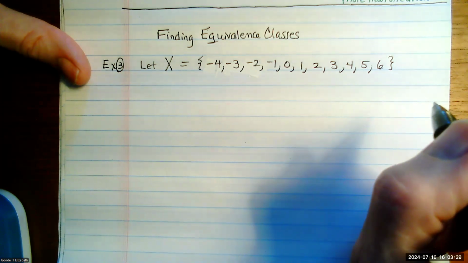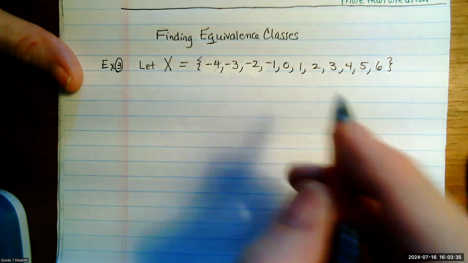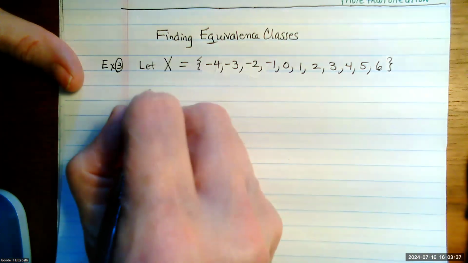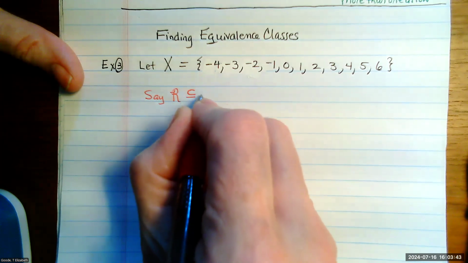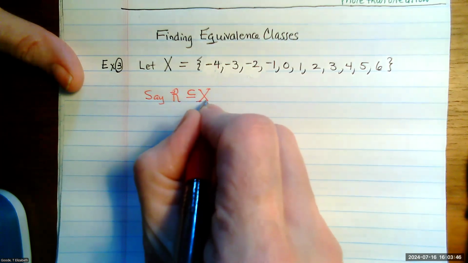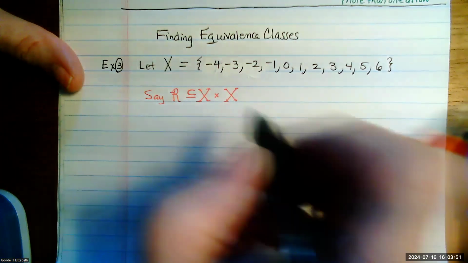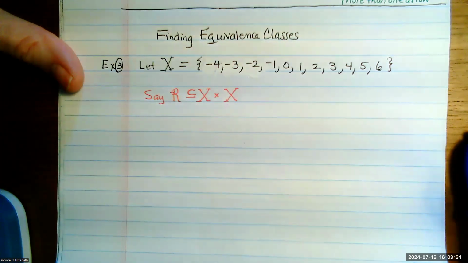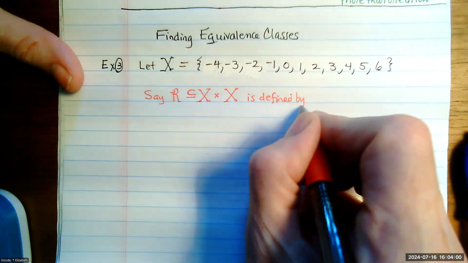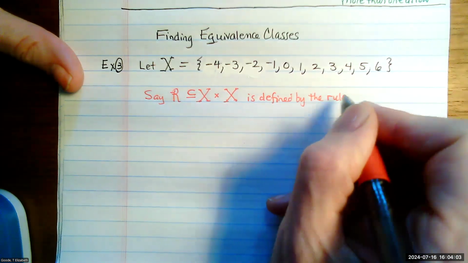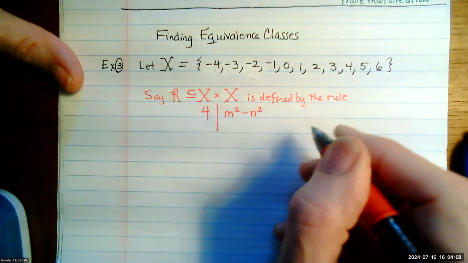It was 5 divides m squared minus n squared. Okay, so let's say curly R is a relation on X, so it's a subset of X cross X, defined by the rule that 4 divides m squared minus n squared.